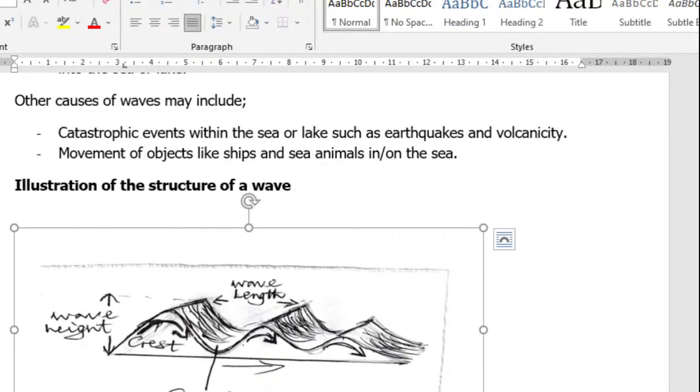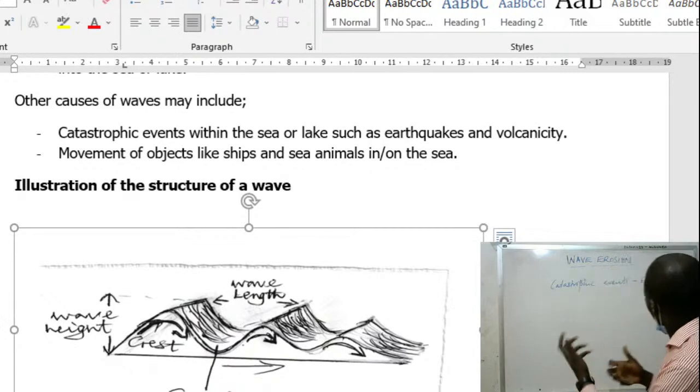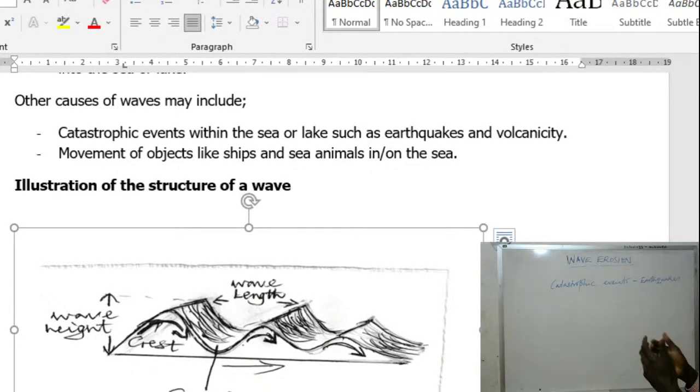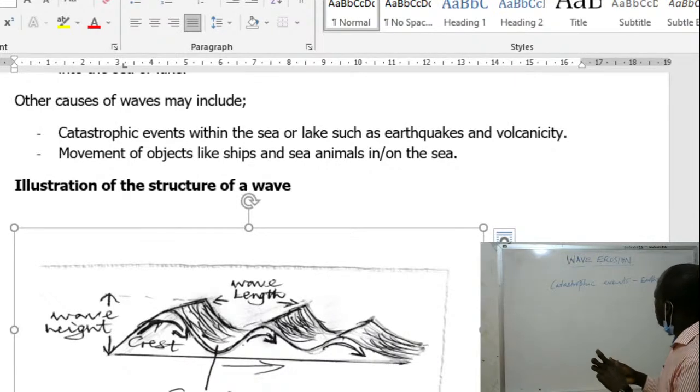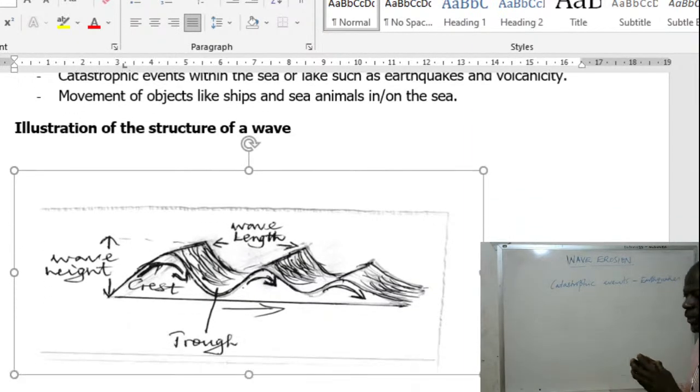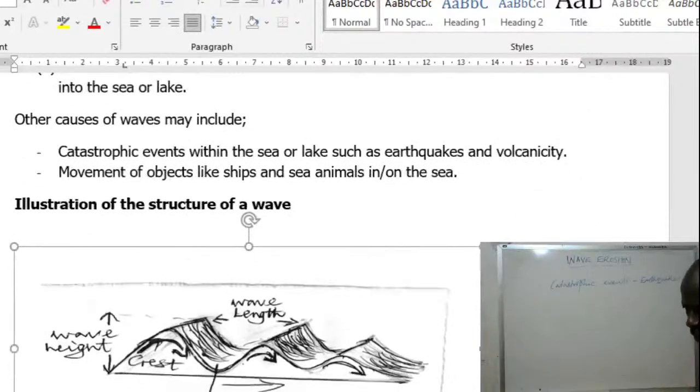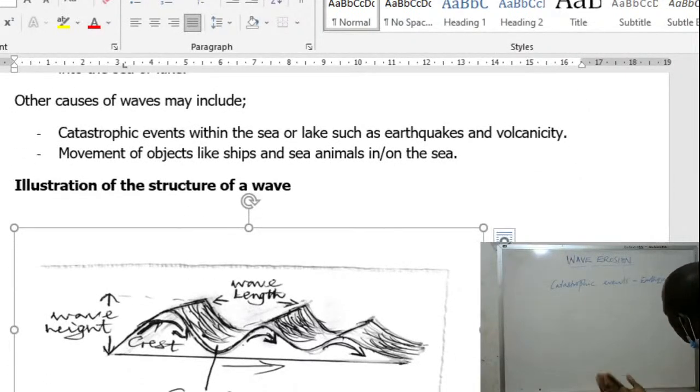The other one could also be volcanicity. You can go on YouTube, they were showing a volcanic eruption in Lake Kivu. When volcanic action takes place on the bottom or bed of the lake or the sea, the lava coming out will make the water move towards the coast.